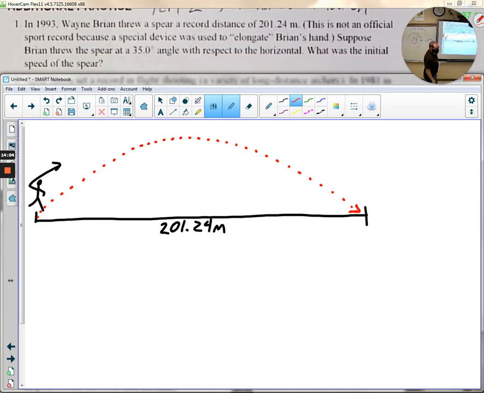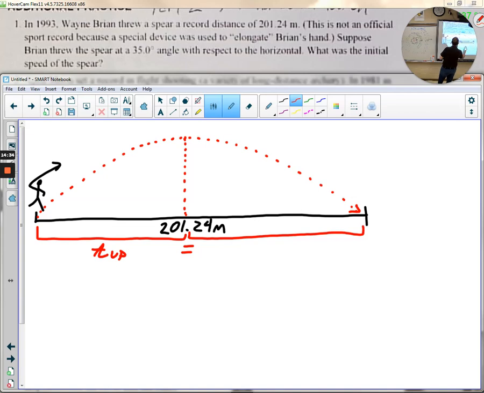Further, from some of your other studies and some of the things you've been playing with in lab, you know that at the top of the arc, right here, what is its y velocity going to be? 0. Excellent. And because you've also played around with some of this, you know that the time going up is going to be equal to the time involved right here.